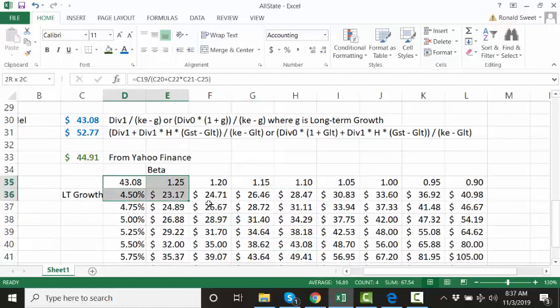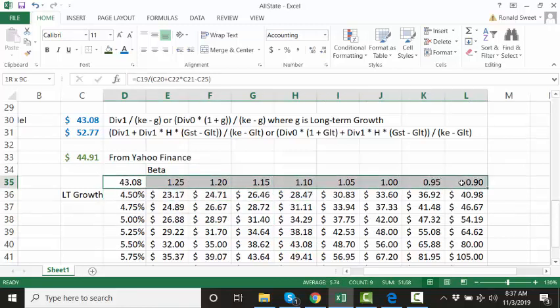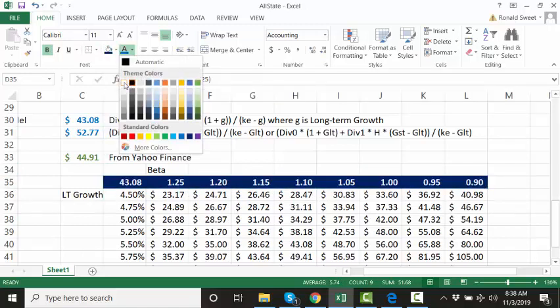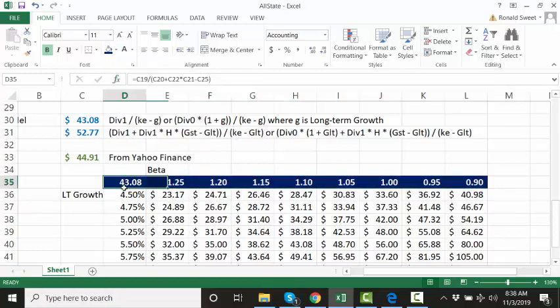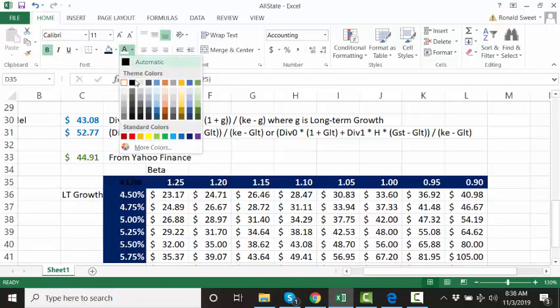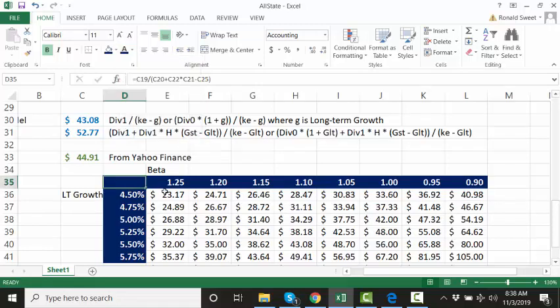What I'm going to do is highlight the row and make it bold, change it to blue, and use a white font. And then same thing with the column: bold, blue, and white. I'm then going to hide this price because we don't want that in our table, so I'm going to make that the same dark blue so it hides it.